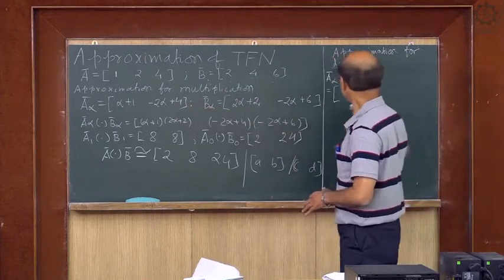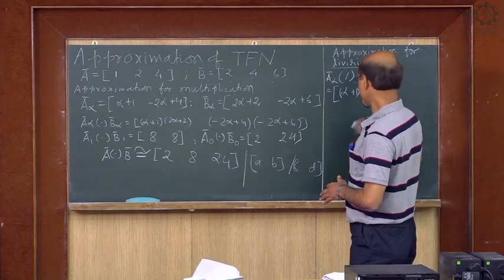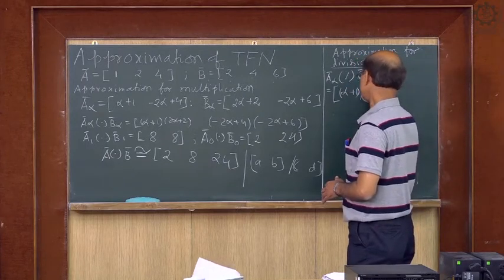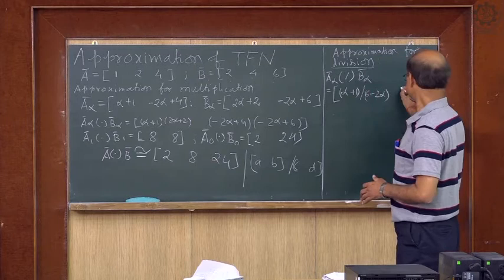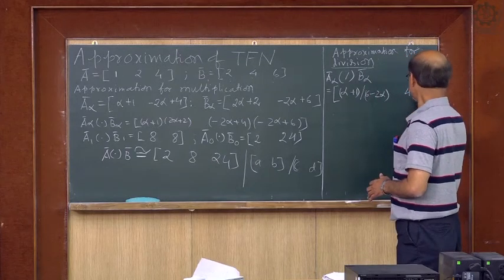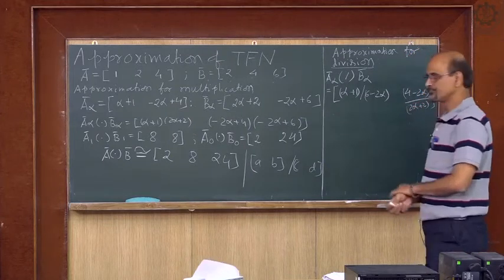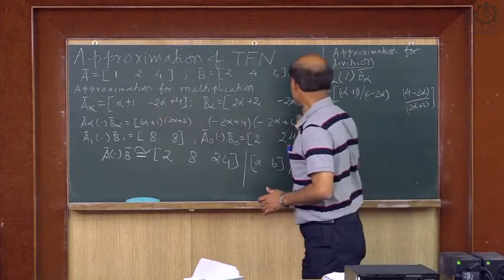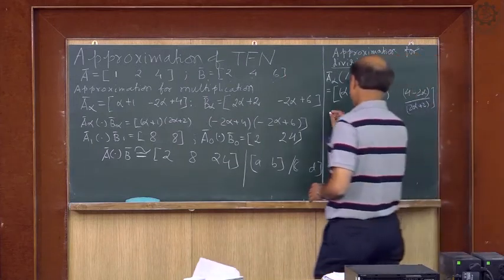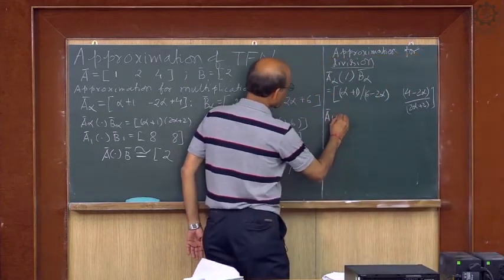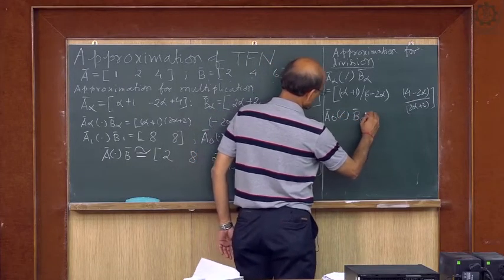So, what will be that then here? Alpha plus 1 divided by 6 minus 2 alpha, and right side 4 minus 2 alpha by 2 alpha plus 2. Is it okay? This by this, this by this, is it okay? Now again I can write A bar 0 divided by B bar 0.